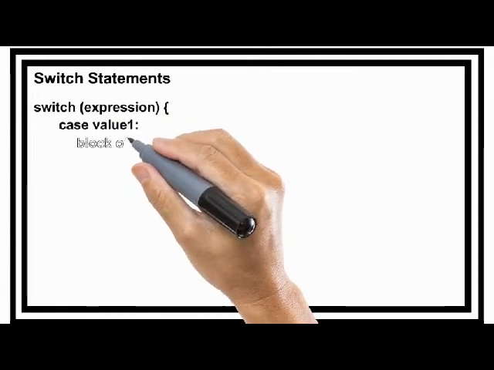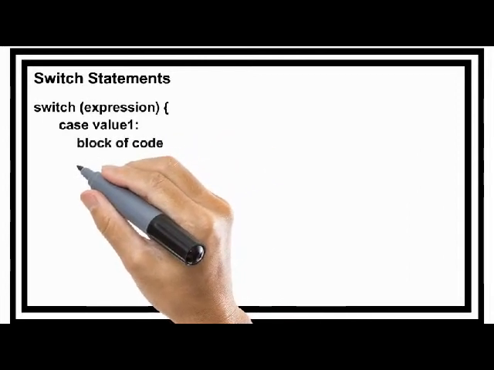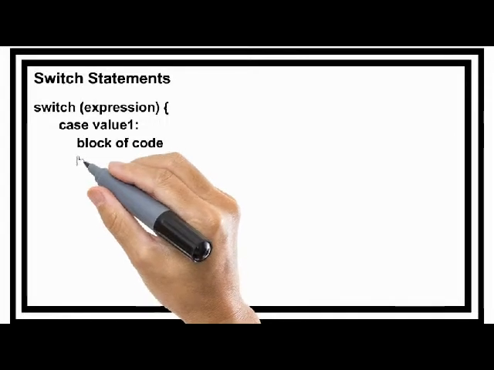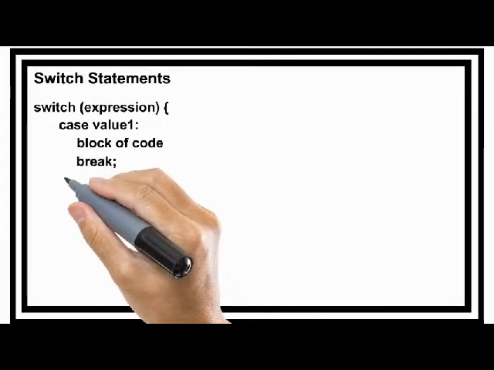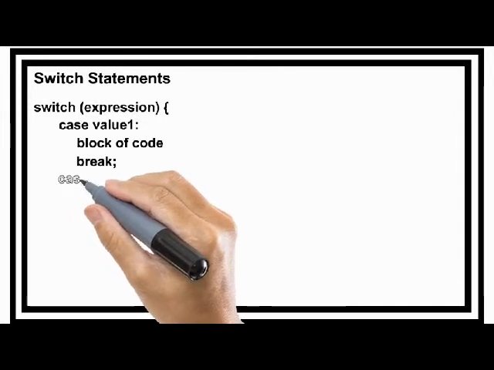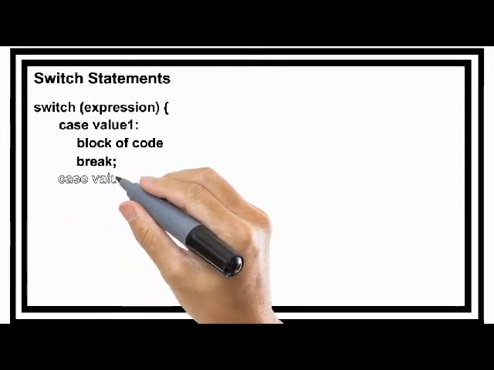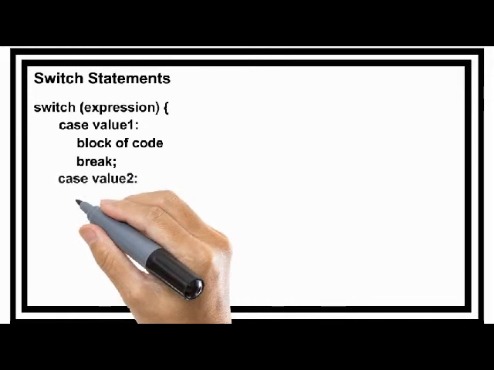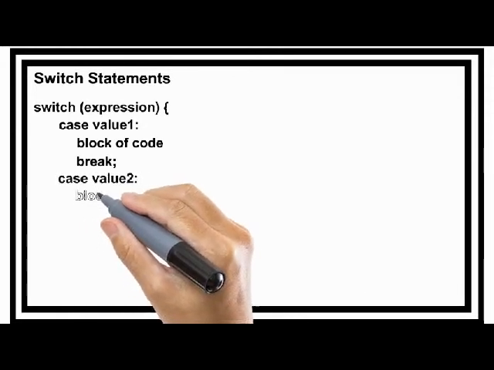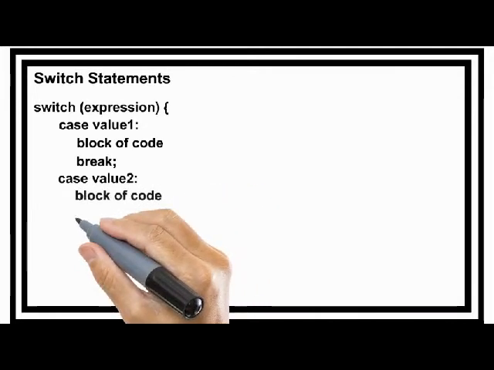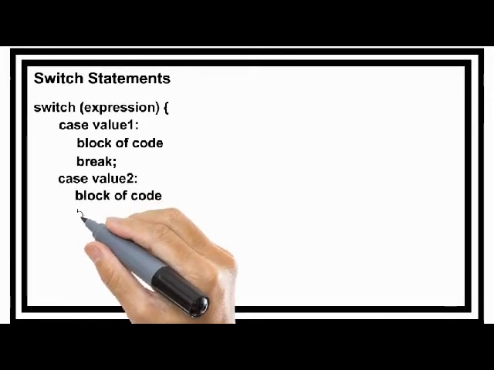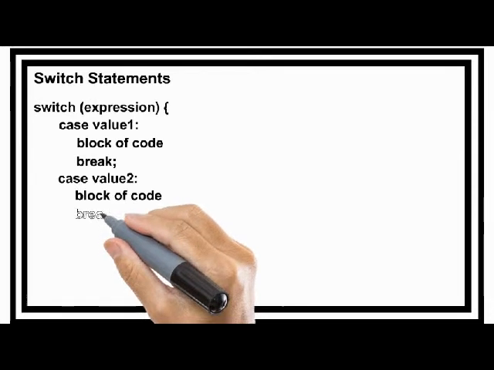The block of code that is executed when the expression evaluates to the first value, and then a break keyword followed by a semicolon. Now you have the case keyword and the second value followed by a colon. The block of code that is executed when the expression evaluates to the second value, and the break keyword followed by a semicolon.